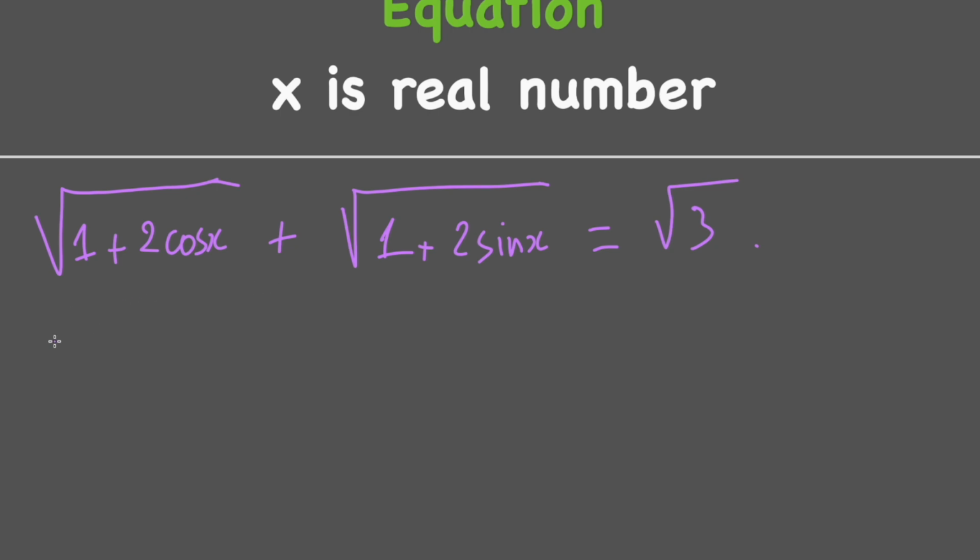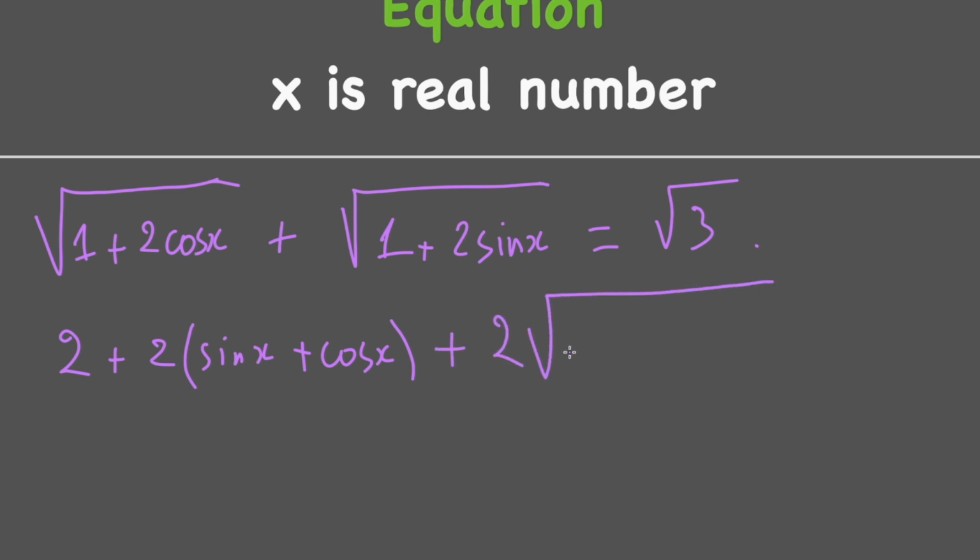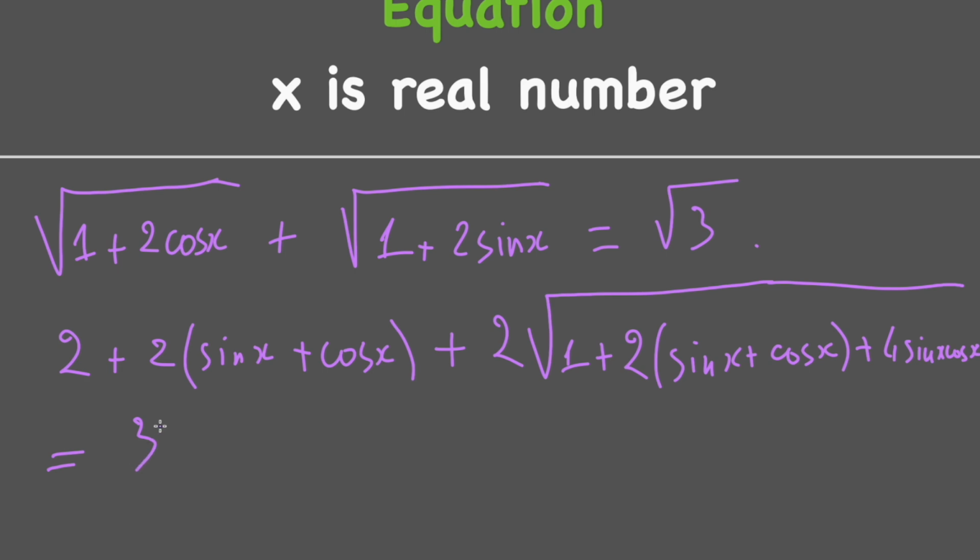Then we will have 2 plus 2 times sine x plus cosine x, plus 2 square root of 1 plus 2 times sine x plus cosine x plus 4 sine x cosine x, equal to 3.